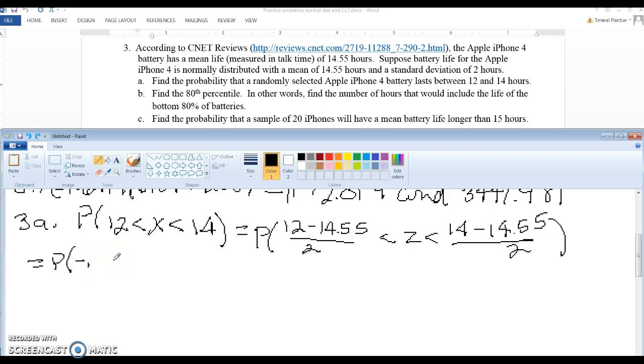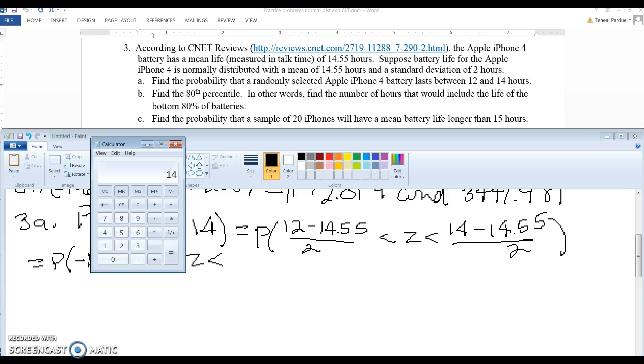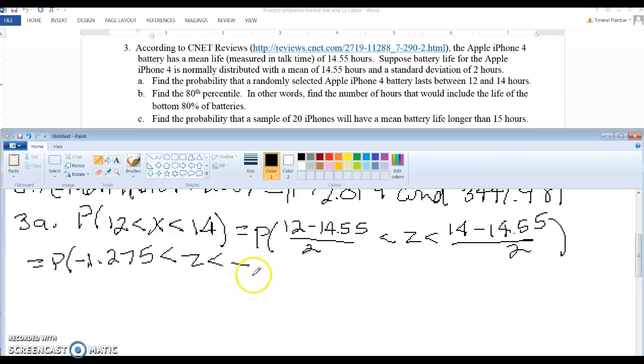This mouse pen is a little bit challenging to write with. So z is between negative 1.275 and less than negative 0.275.